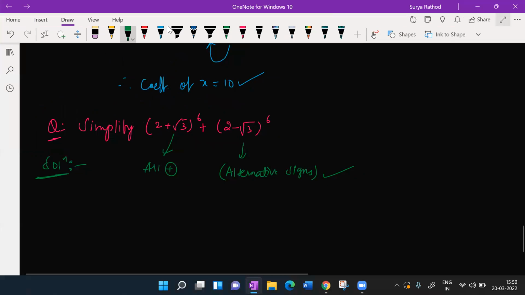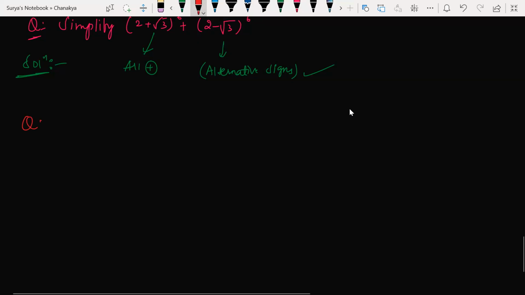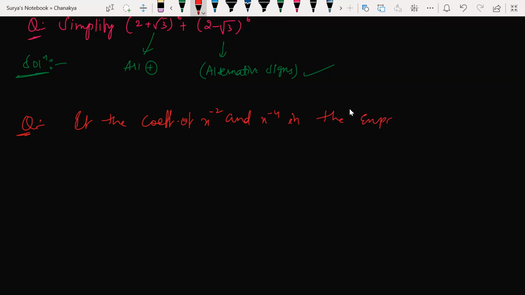Now let me give you one more question here. Find the coefficient of x squared, the coefficient of x to the power of minus 2 and x to the power of minus 4 in the expansion of (x^(1/3)/2 + 2/x^(1/3))^18, where x is greater than 0, as m and n respectively.